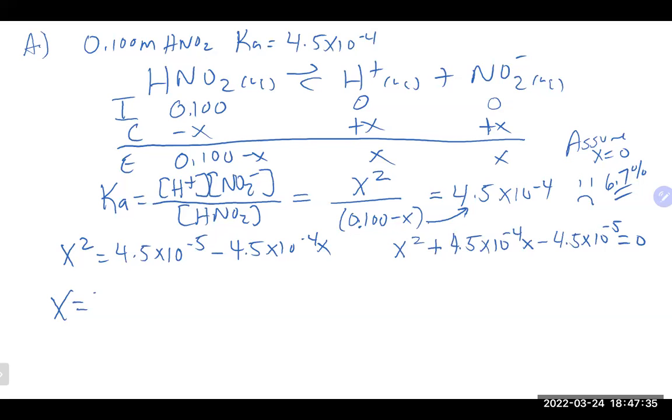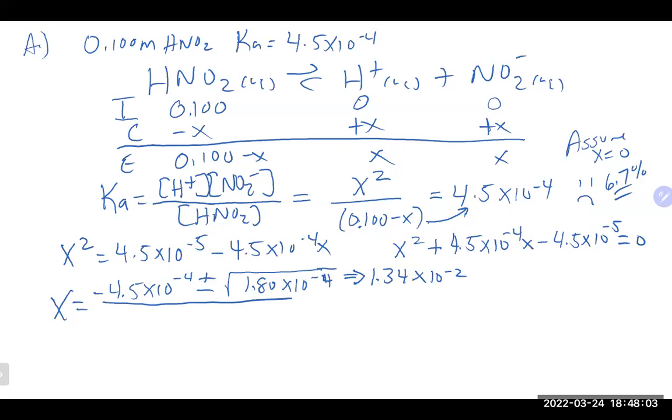So that's going to give me a minus 4.5 times 10 to the minus 4 plus or minus. If you clean up everything inside the square root, you get something like 1.80 times 10 to the minus 4. If you then take the square root of that, you end up with something like 1.34 times 10 to the minus 2.